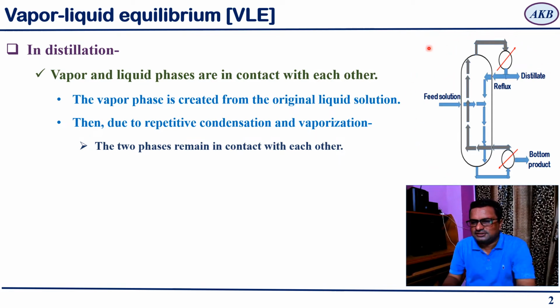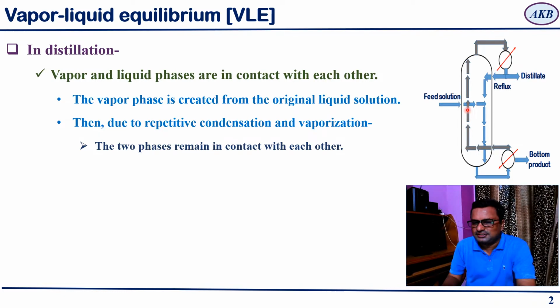I have discussed this in my first lecture. So this is representing a continuous distillation operation. The feed solution is continuously admitted to the column. It flows down to the reboiler. It is boiled in the reboiler. The resulting vapor phase is admitted to the column at the bottom.